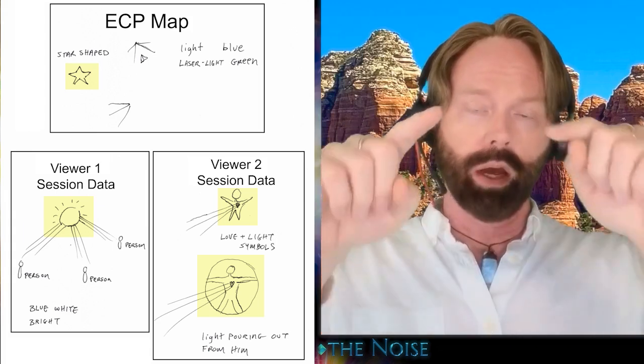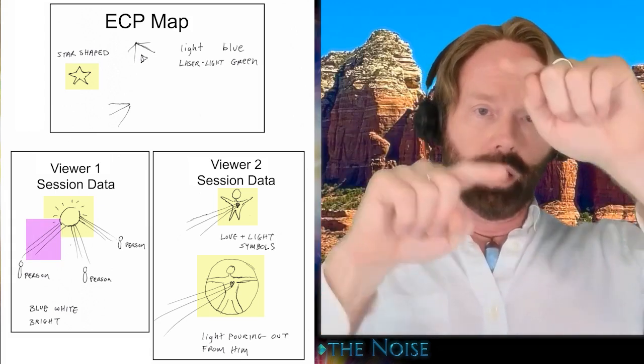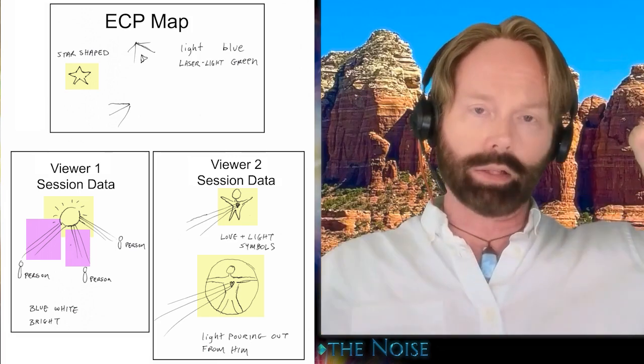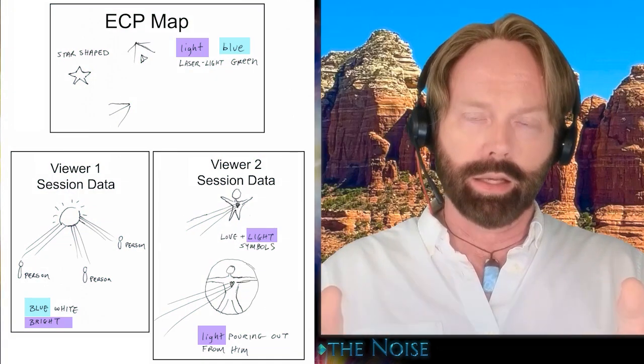I'll be clear about that. But they had three lights. They had what looked like lines coming out, three, just like you had. Three beams of light, yeah. So they were picking up the concept of light and these rays in both of your session work.